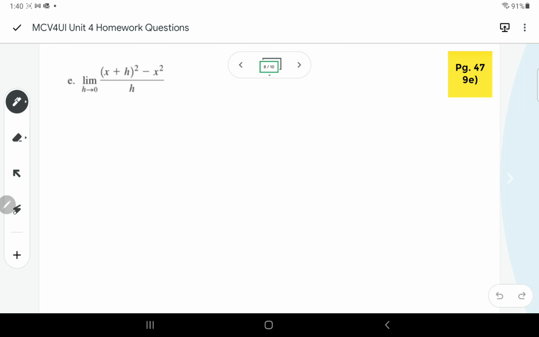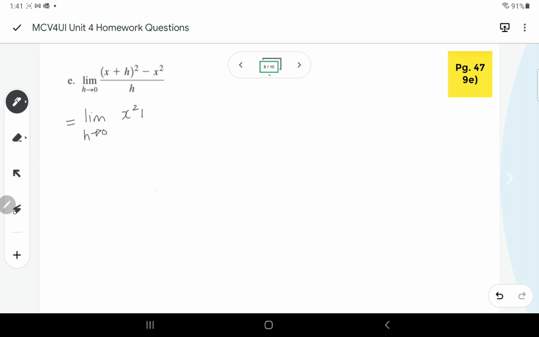Okay, so the next one is actually one of the limits that we did in the derivatives from first principles lesson. So we've got the limit as h approaches 0. We're just going to FOIL out on top, and things will cancel and life will be good.